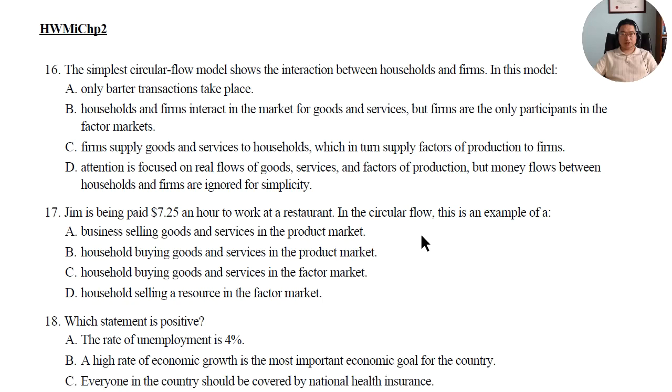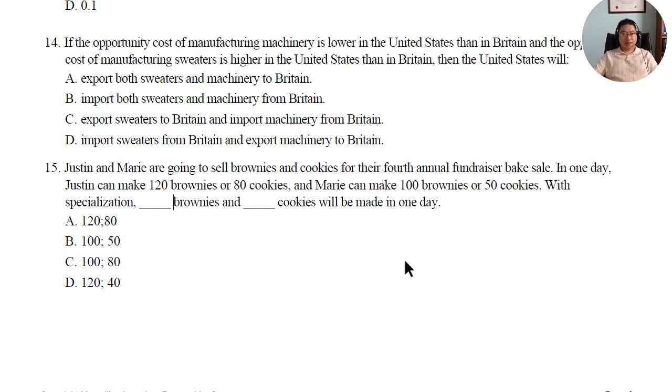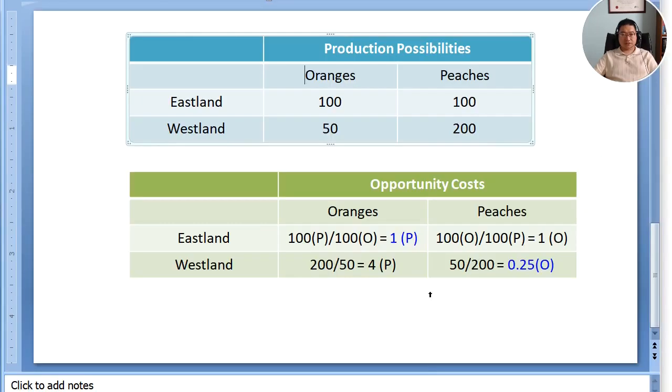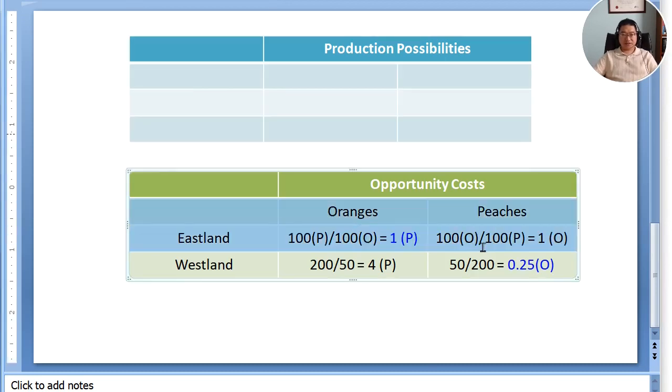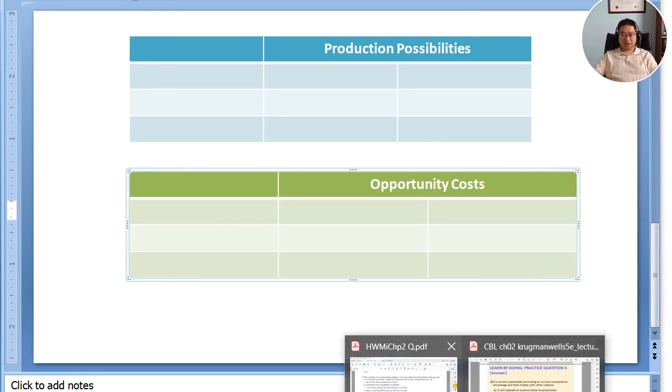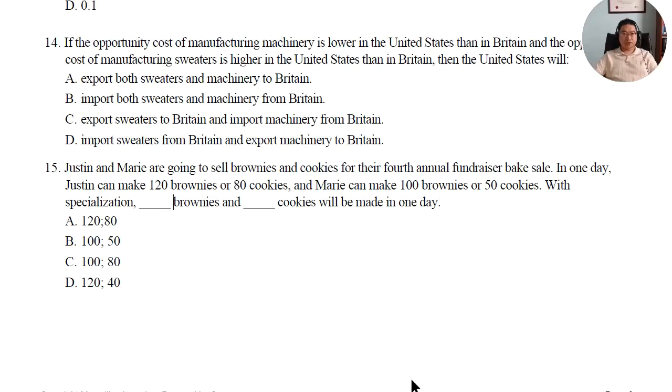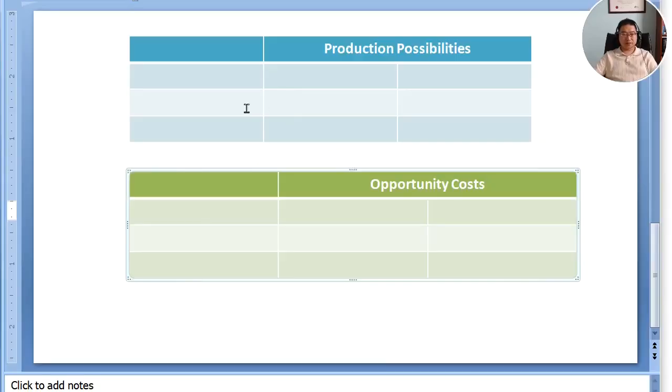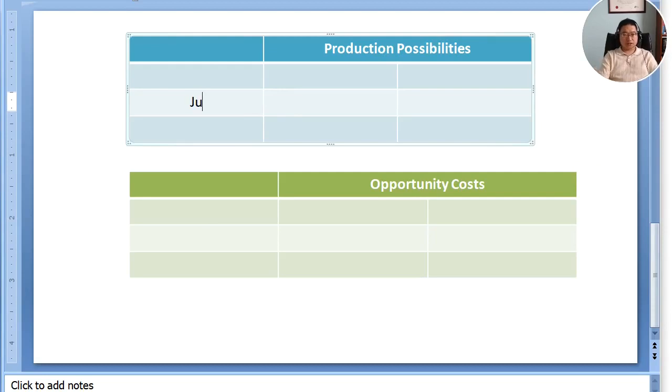For this question, I still like to use my table. So I will erase all these numbers. Okay, we do a little bit of calculation to figure things out. Now we have two persons, Justin and Marie.